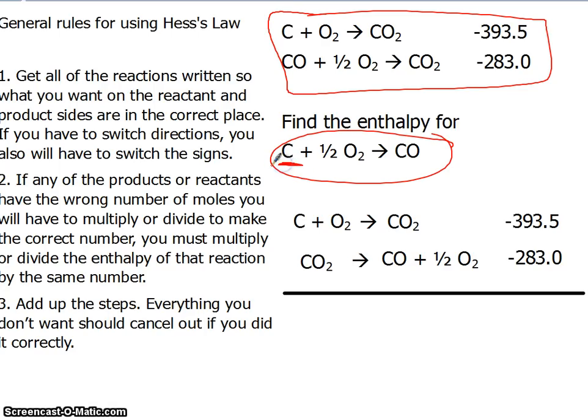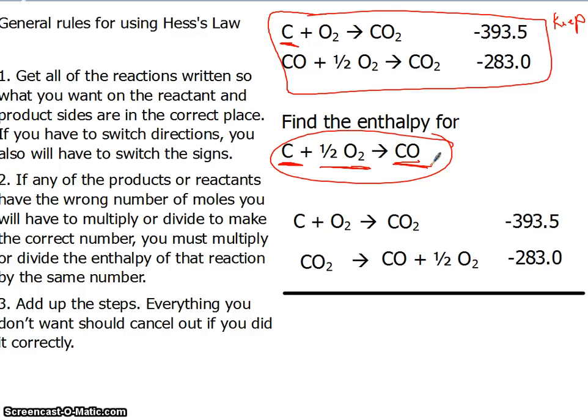Well, here I've got carbon on the left, and up here I had carbon on the left. So I'm going to keep this one going just the way it is. I have oxygen, I want that on the left. Up here I have it in two different places, so I'm not going to worry about that. I'm going to hope that oxygen will work itself out because it's in two different places.